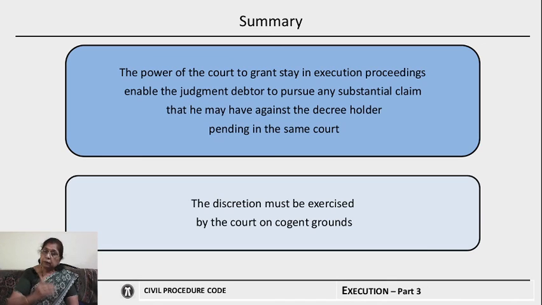But Rule 29 gives a power to stay the execution proceedings on the ground that there is a pending suit before the same court between these two, judgment debtor and decree holder, against each other, which should be decided, and pending that suit, the decree passed in another suit can be stayed by that same court.